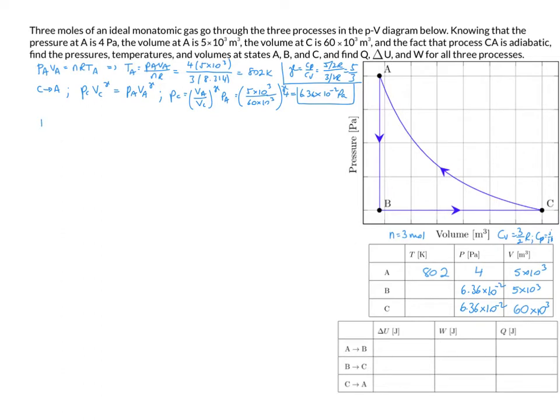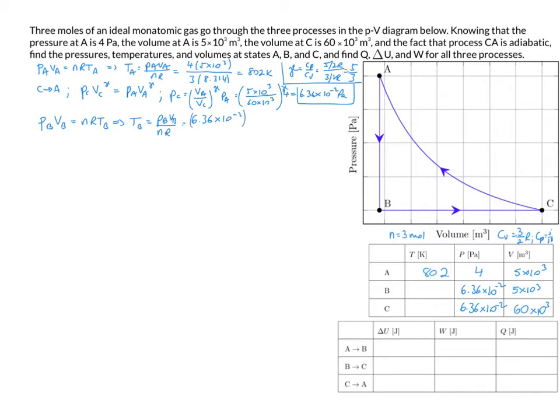I know that pressure B, volume B, equals nRTB. So that means that temperature at B is going to be pressure at B, volume at B, divided by nR. So pressure at B is 6.36 times 10 to the negative 2 pascals.